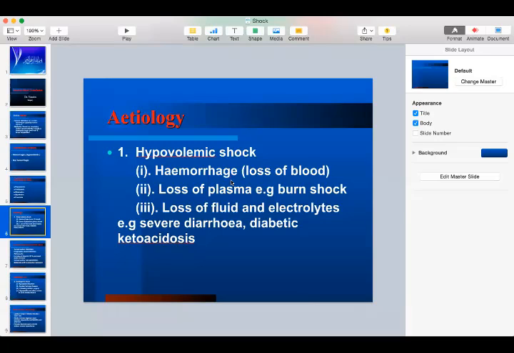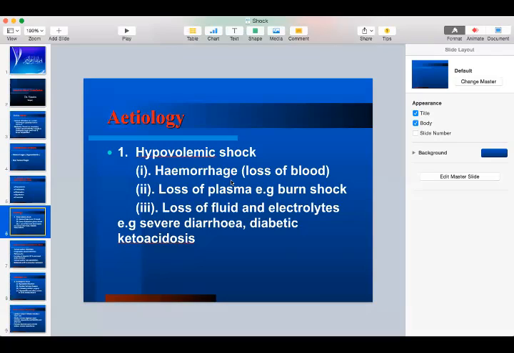It could result after an extensive burn that can lead to loss of superficial epithelium, and loss of plasma can occur after that, eventually leading to a form of hypovolemic shock. Or there's loss of fluid and electrolytes, such as severe diarrhea or even diabetic ketoacidosis. What's diabetic ketoacidosis?